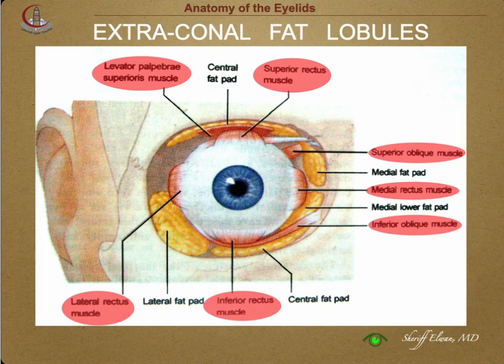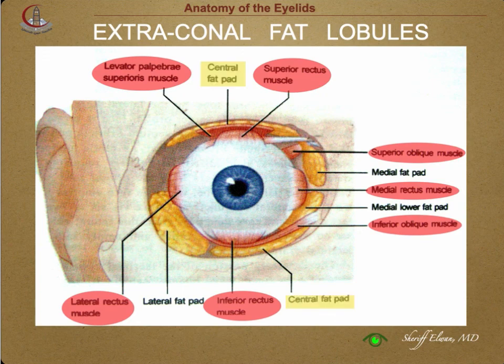Now we come to the extraconal fat and how the extraconal fat is distributed around the globe because of the structures of the eyelids. This is the superior rectus muscle, the inferior rectus muscle, medial and lateral recti, and the superior oblique and the inferior oblique, the 6 extraocular muscles.